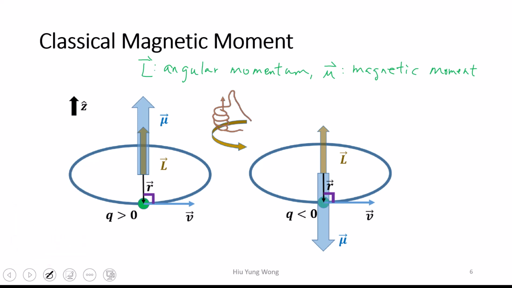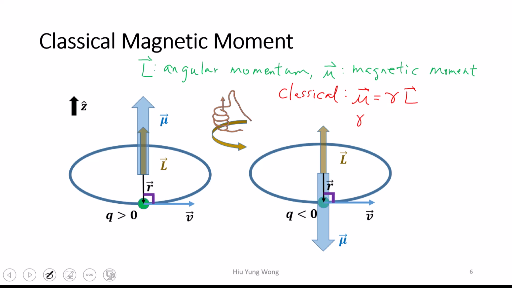But more importantly, classically, there's a relationship between the magnetic moment and the angular momentum. The magnetic moment equals gamma times the angular momentum.